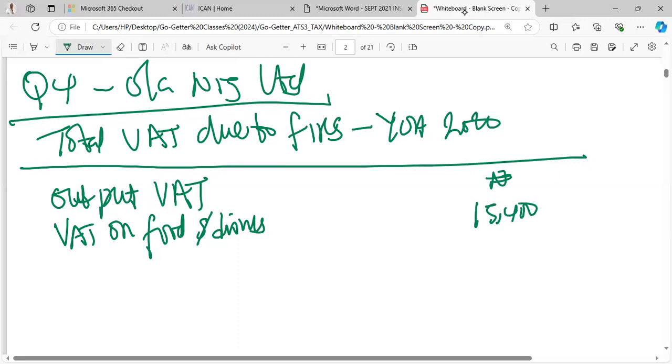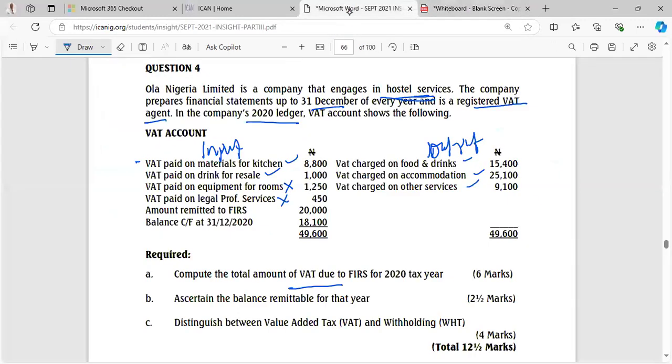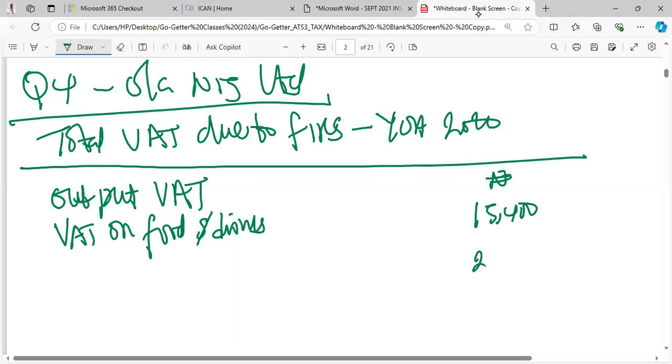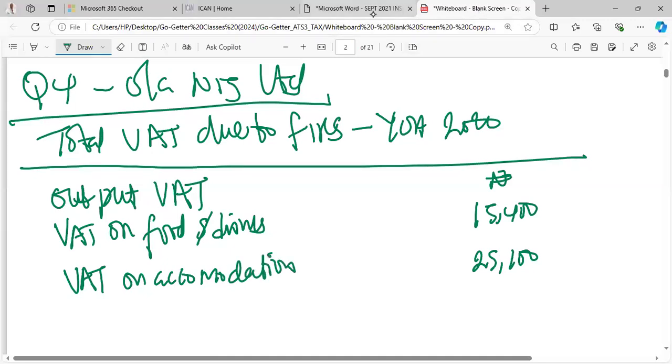This is already a VAT account. VAT charged on accommodation, 25,100.